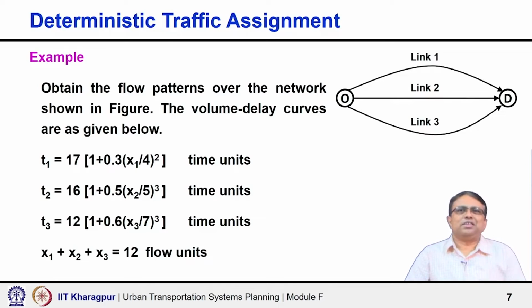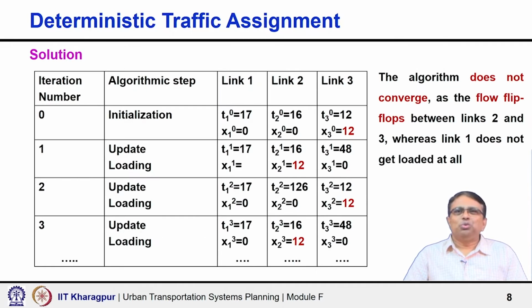Nevertheless, let us take this small example with the 3 links, and the travel time flow functions are there, and what we try to do is the initialization. We know that link 3 here is the cheapest with travel time 12. So all 12 units of flow which we wanted to assign, we assign through that.